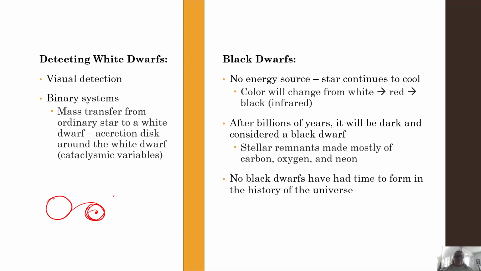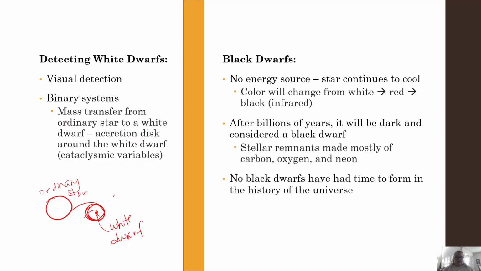So this is, say, an ordinary star, and in the middle there is a white dwarf.